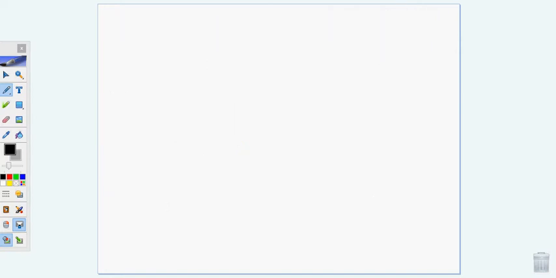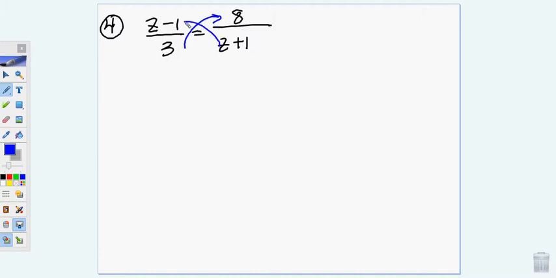Same type of problem as number 3, except this does require you to remember a little bit of algebra. Okay, z minus 1 over 3 equals 8 over z plus 1. Remember, we're still going to use the cross product, but remember what happens when we have an a plus b times a minus b situation, right?